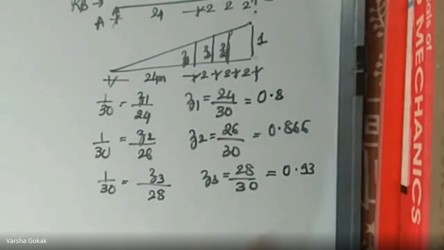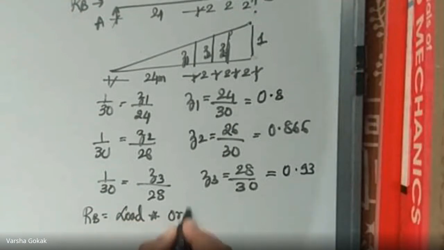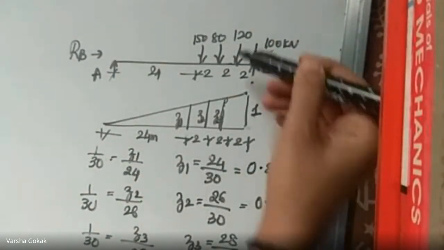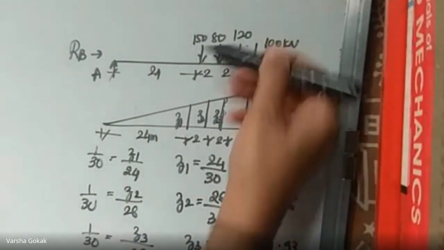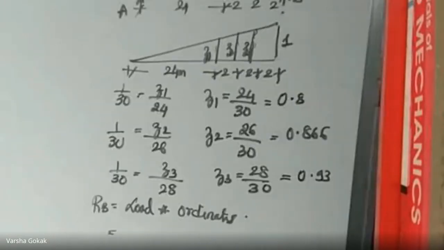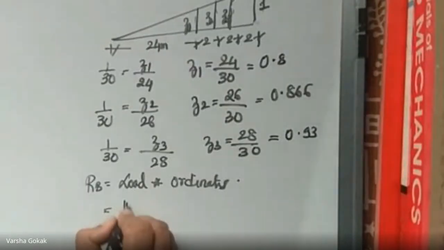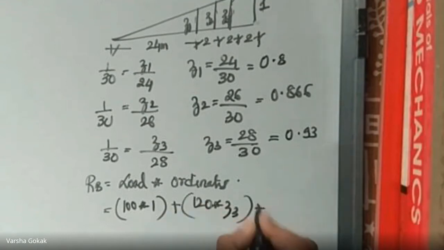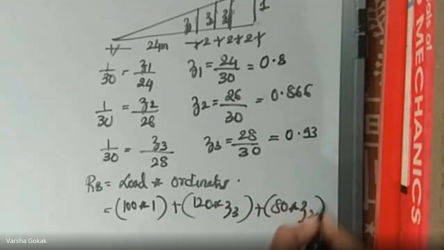Once we get the ordinates, RB is the external load into the ordinates. So 100 kilonewton into 1, because the ordinate there is 1, plus 120 into Z3, plus 80 into Z2, plus 150 into Z1.